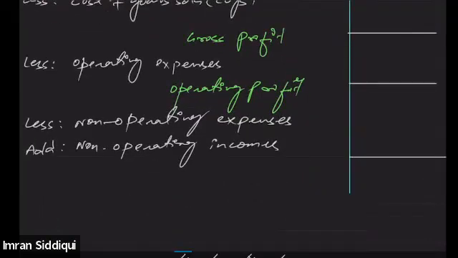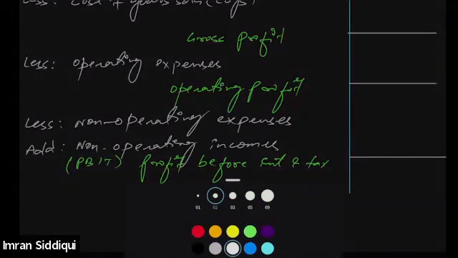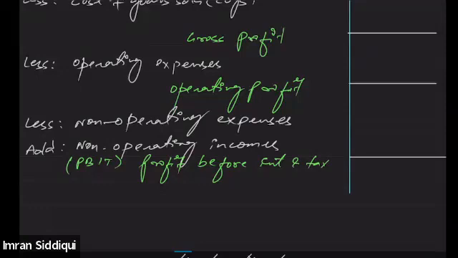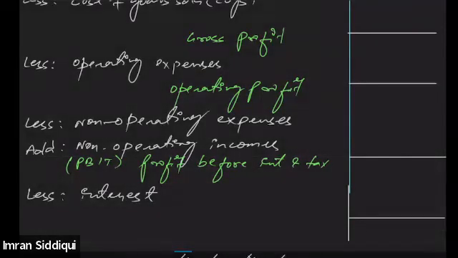After doing this, you will get the profit before interest and tax. This is also called PBIT, profit before interest and tax. Once you subtract the interest from the profit before interest and tax, you will get profit before tax only, since interest has already been deducted.